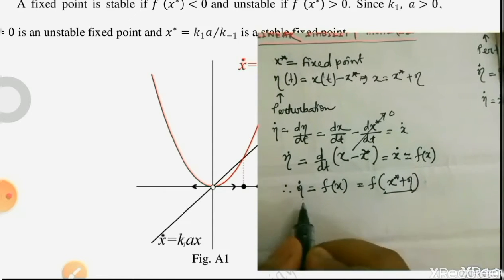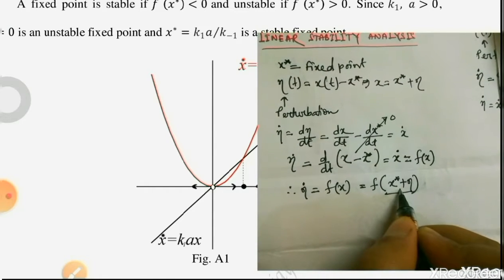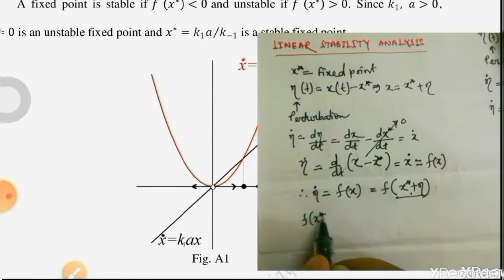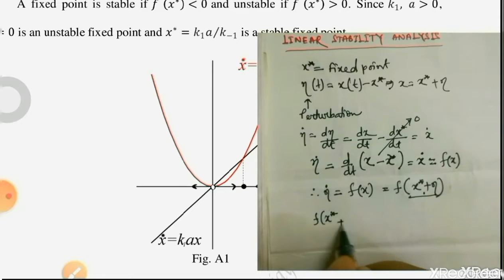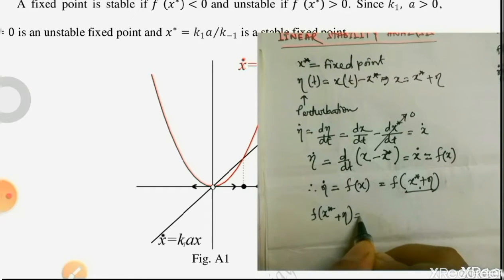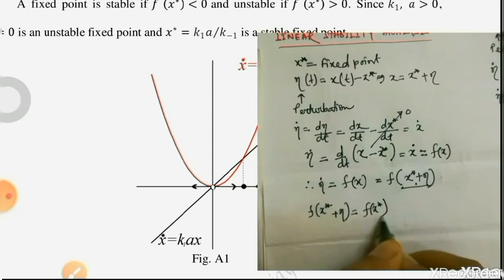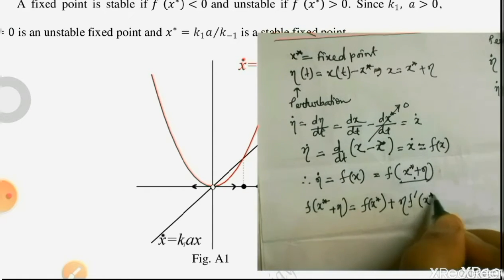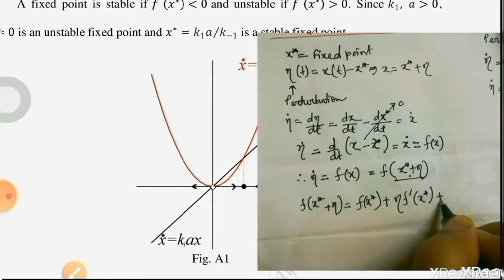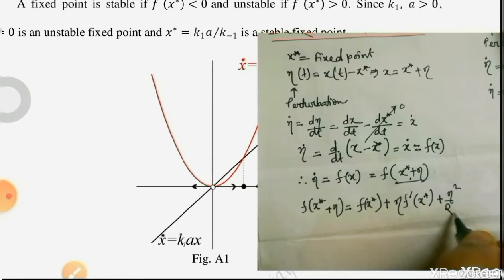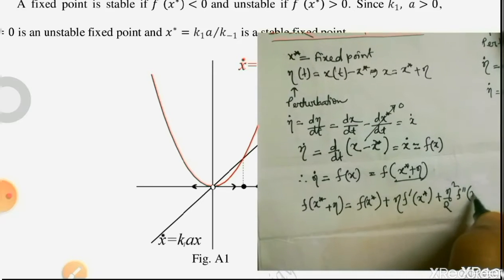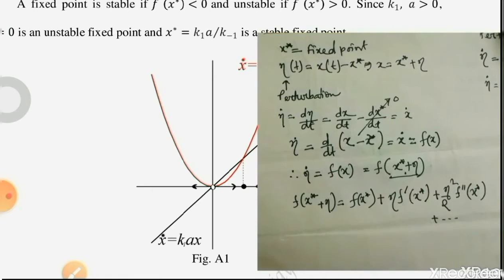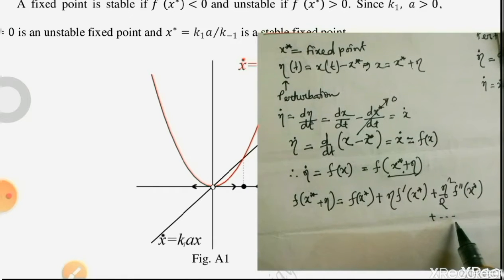Now if we expand this by Taylor expansion, then f of x star plus eta equals f of x star plus eta times f prime at x star plus eta square by 2 f double prime x star, and so on. There will be higher order terms also.